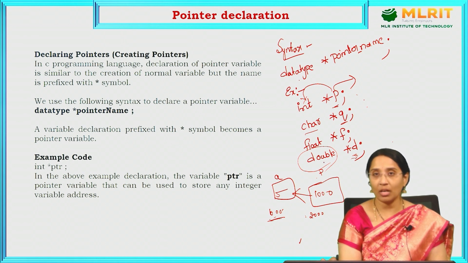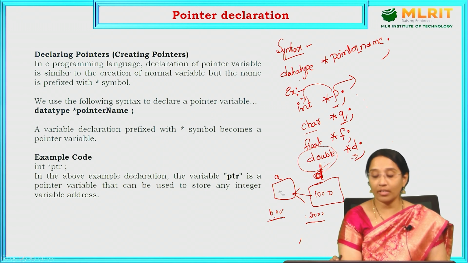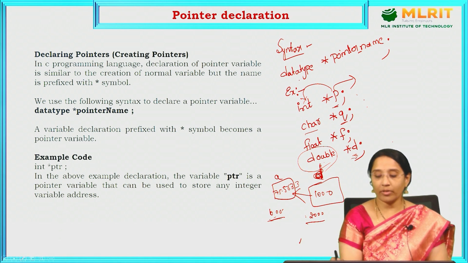In this case, d is a pointer variable at 2000 location which holds the address of another variable whose data type is double. So it holds the address of this value.